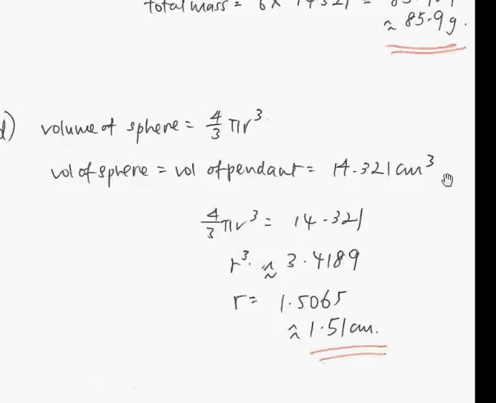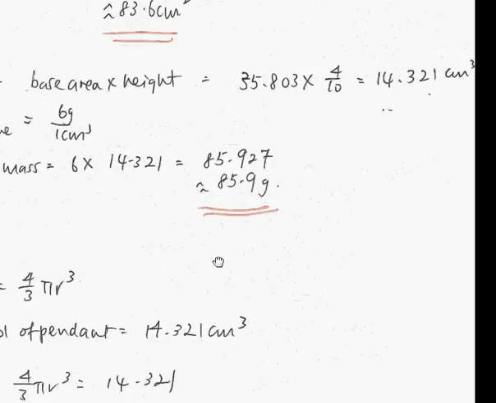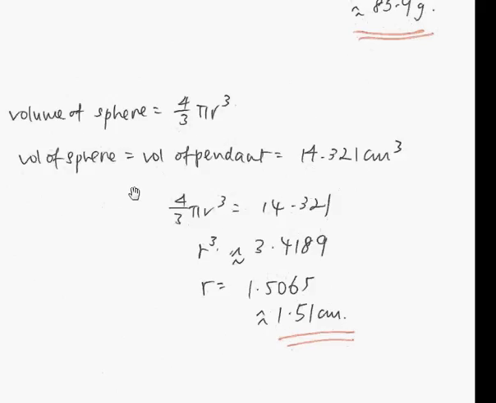So the volume of the sphere is 14.321 centimeter cube, which we found earlier. Since 4 over 3 pi r cube equals 14.321, when we divide both sides by 4 over 3 pi, r cube equals approximately 3.4189. So when we cube root 3.4189, r, which is the radius of the sphere, is approximately 1.51 cm.